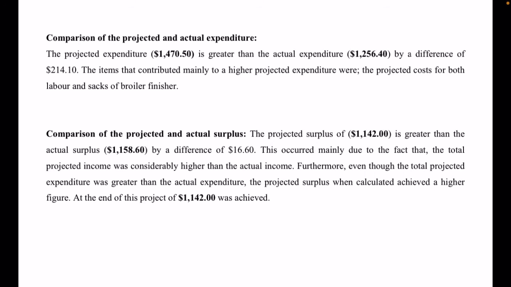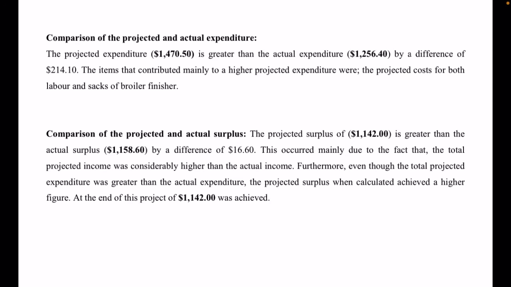Furthermore, even though the total projected expenditure was greater than the actual expenditure, the projected surplus, when calculated, achieved a higher figure. At the end of this project, $1,142 was achieved as the surplus.